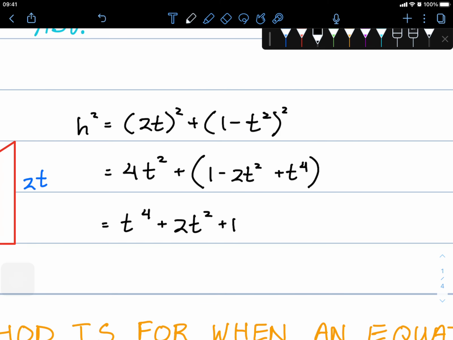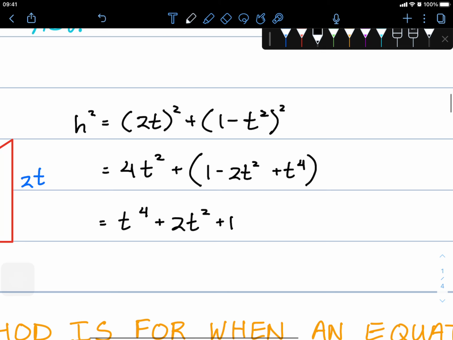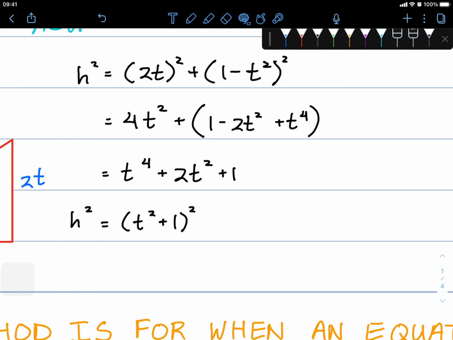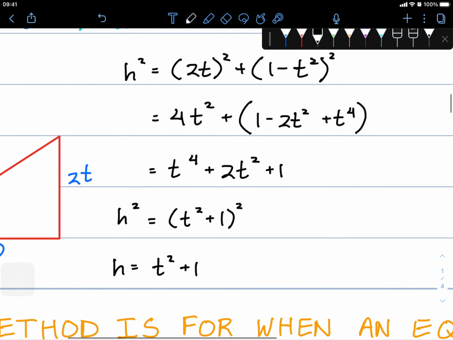Now it may not seem like it, but this here is actually a perfect square. It's t squared plus 1, all squared. That's h squared. Now to find h, we take the square root of both sides, which leaves us with t squared plus 1.